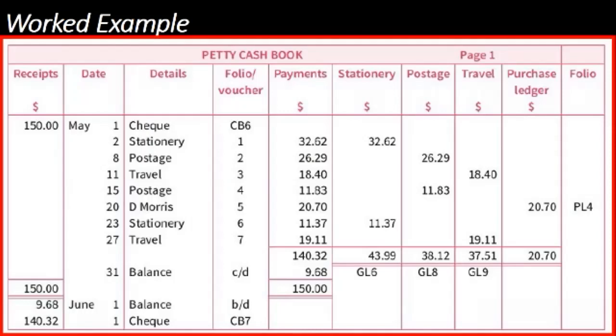The petty cashier will get it as a receipt from the cashier. So he will enter it here. And the details here, you could write check or you could have the word bank as well. And the folio would be cash book 6. That would be the page number of the cash book.